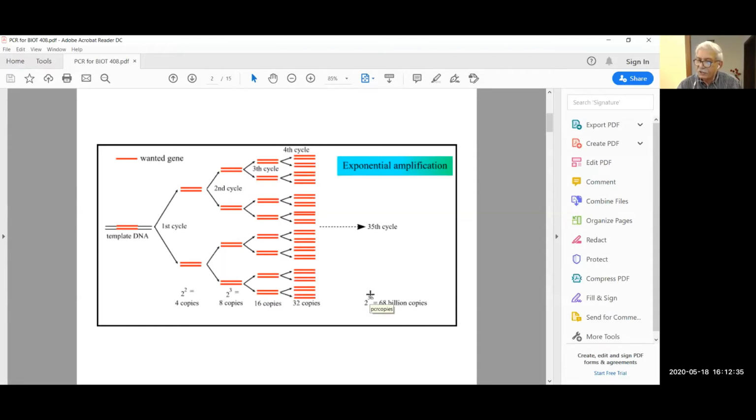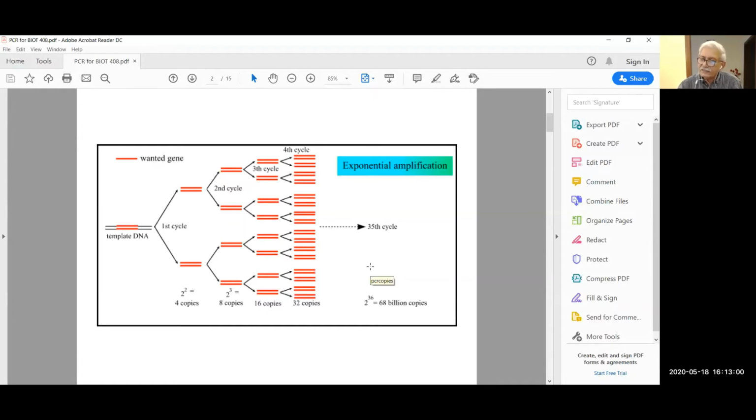And I'm telling you this because we run the PCR reaction for about 35 to 40 cycles. It depends on the kind of template. If we have enough template in the beginning, it means 1,000 copies in the beginning, we can end up with 35 cycles. There's no reason to go beyond that. Okay?